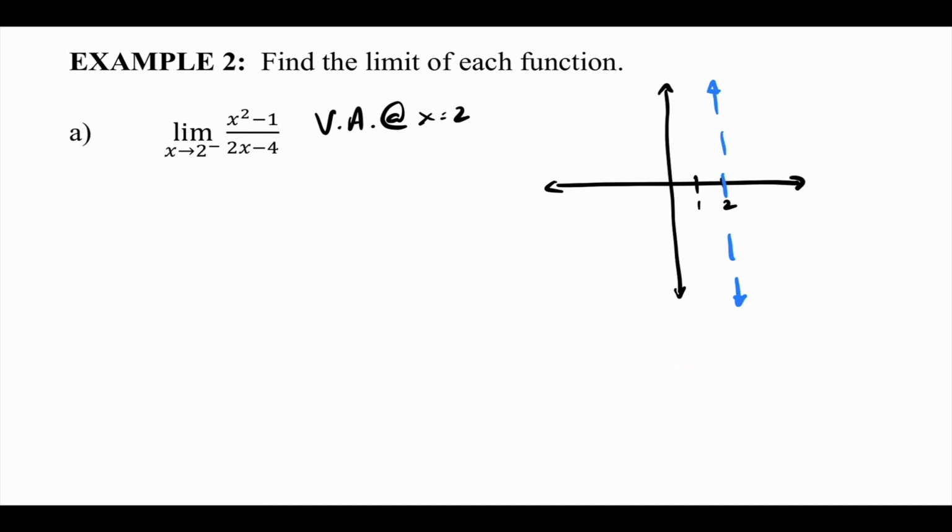When I did this problem earlier, I factored it, right? x plus 1, x minus 1, 2x minus 2. What I'm going to have to do is plug in numbers to this guy here, or this guy here.